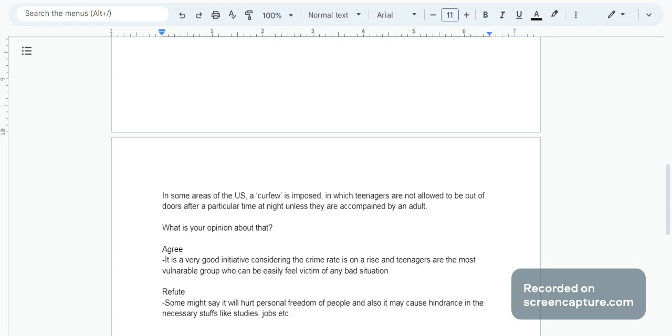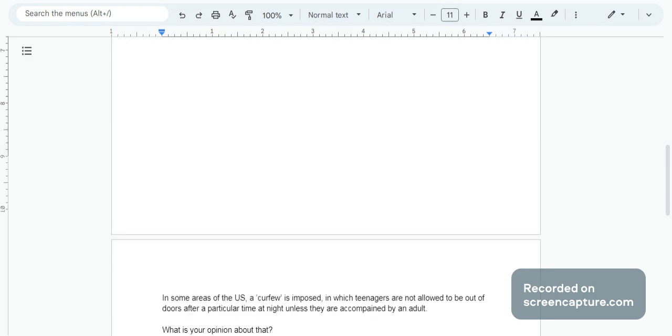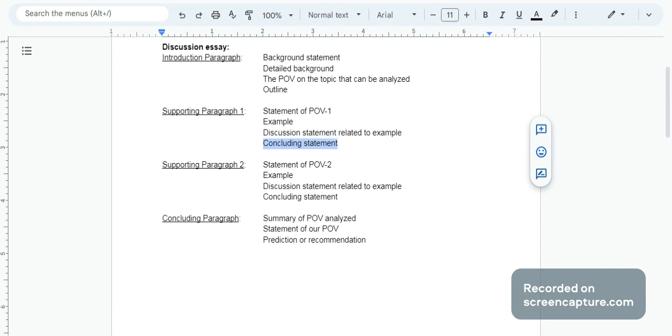That is your concluding line, which should be very basic and which actually concludes your whole paragraph.